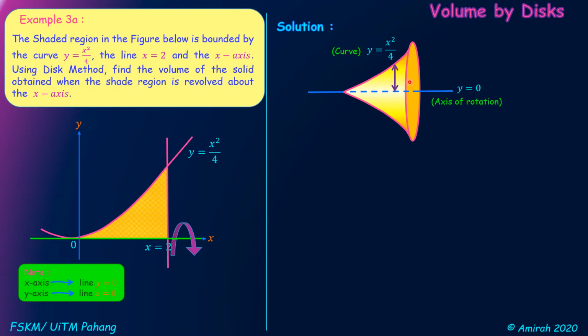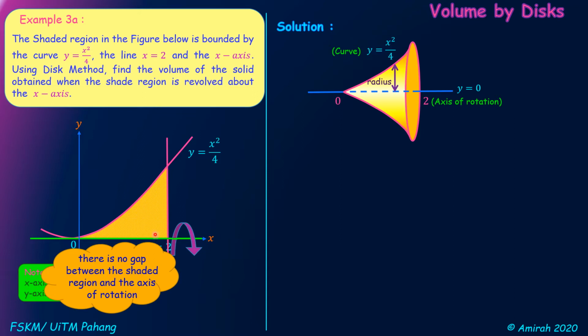The distance between the curve and the axis of rotation is called the radius. The values of x for the shaded region are from 0 to 2.